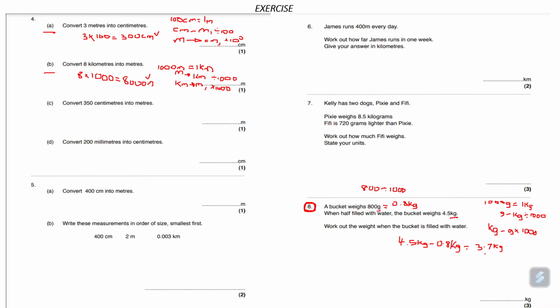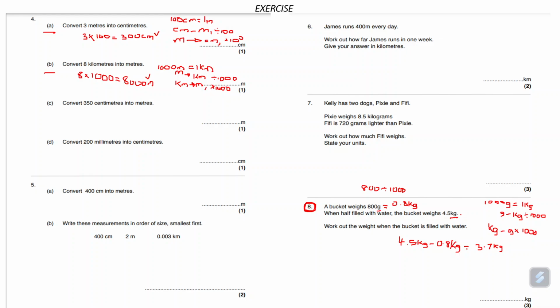I repeat, let's take some steps backwards again. We said a bucket weighs 800 gram. So converting 800 gram to kilogram, you divide by 1000. That will give us 0.8 kilogram. Now this next sentence said, when half filled with water, the bucket weighs 4.5 kilogram.